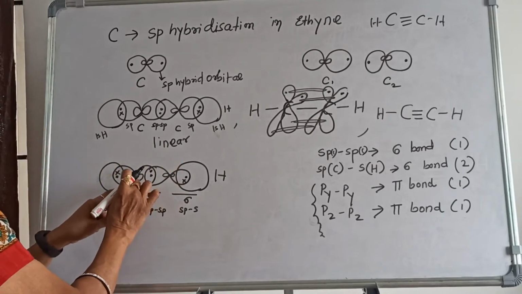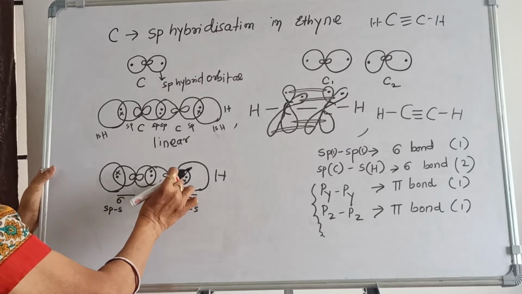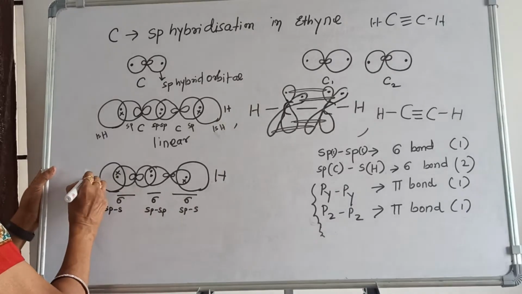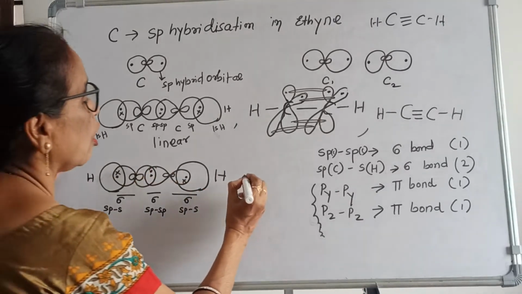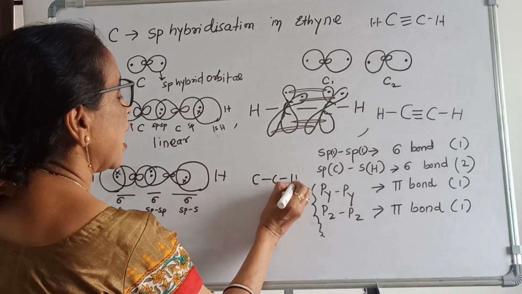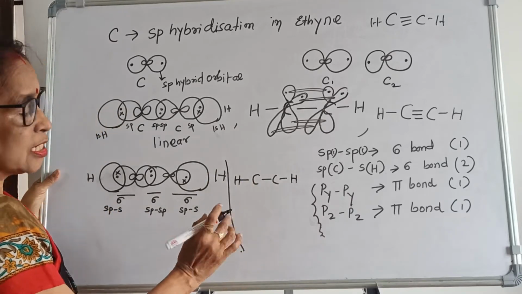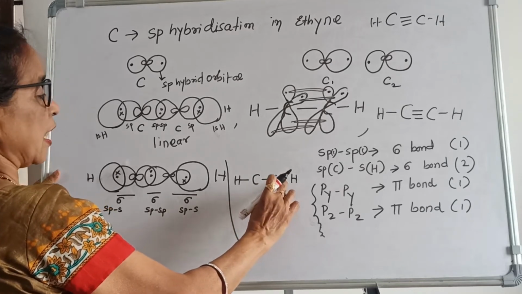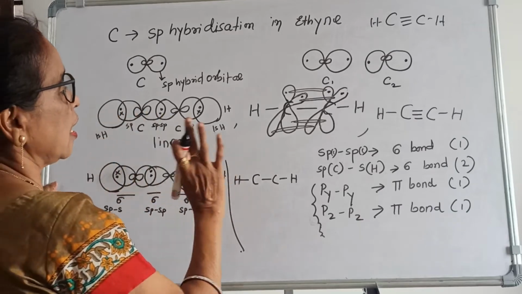This is carbon 1, this is carbon 2, where this side overlapping takes place with hydrogen, and this side overlapping takes place with hydrogen. So the result will come like this: H-C-C-H, all sigma bonds, the sp-sp overlapping, and the sp-s overlapping on each side.